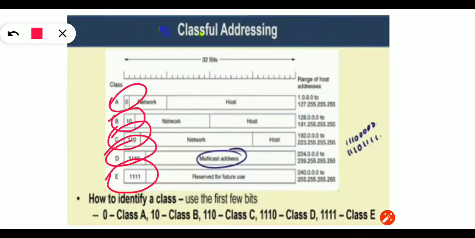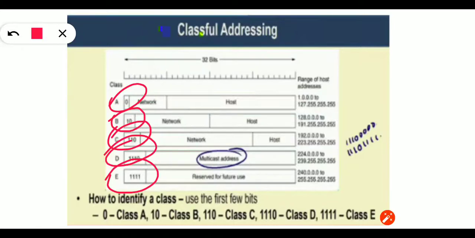If you are sending a letter to this address, that means a copy of the letter will be sent to all the BCA students who are there in the BCA department of Eminent College.